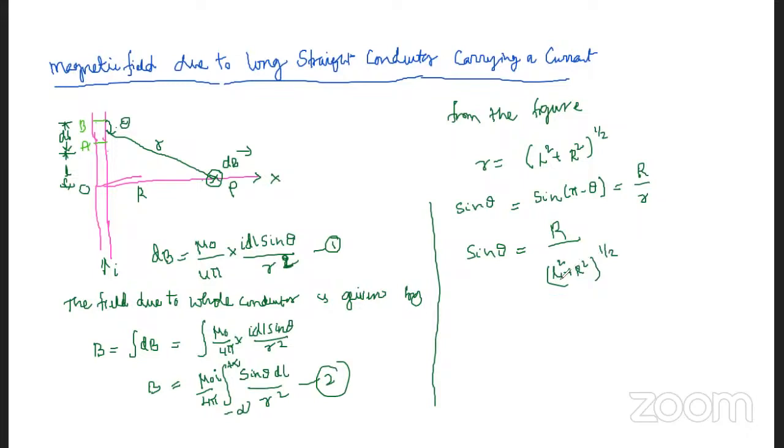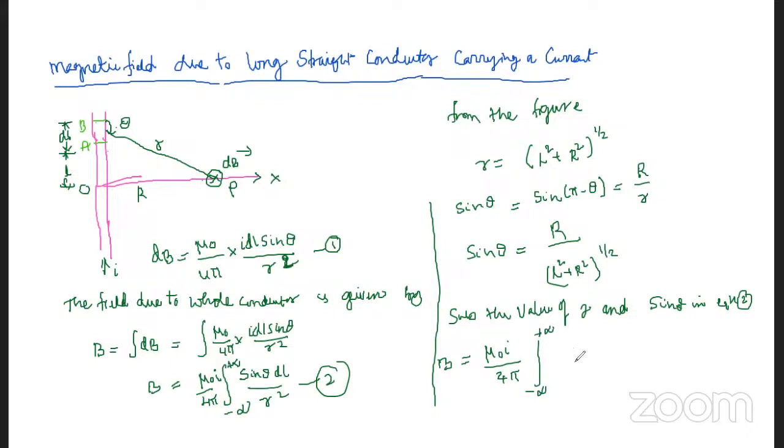Now substituting the value of r and sine theta in equation 2, B is equal to mu naught I by 4 pi, integration between the limits minus infinity to plus infinity.